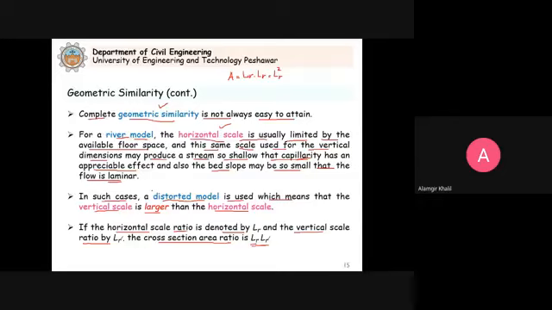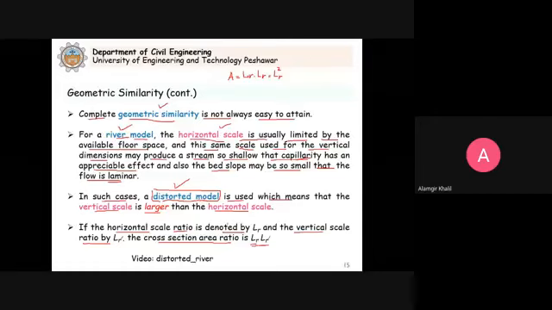So such type of models are known as distorted models. And still we are able to run tests on river models. So sometimes complete similarity is not easy to attain. In that case, what is the option? That we use distorted models. Clear?